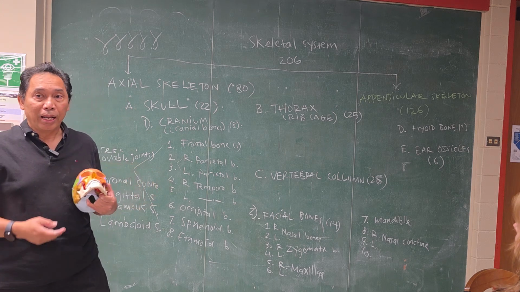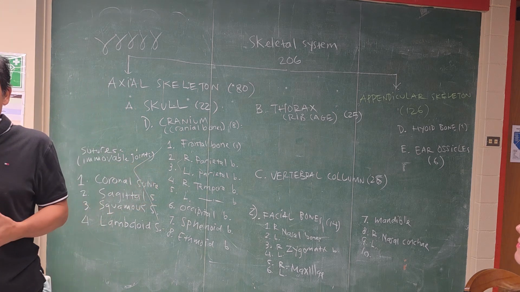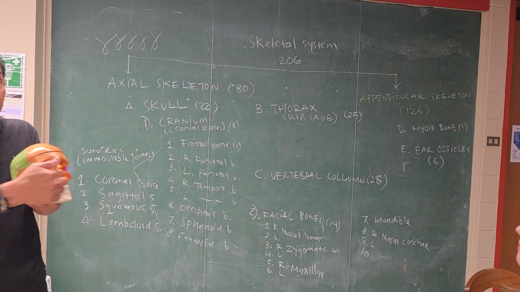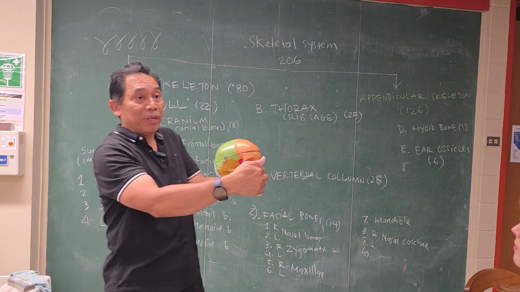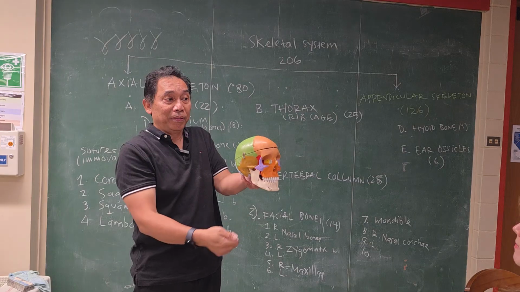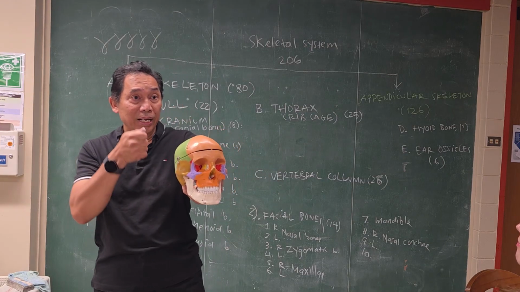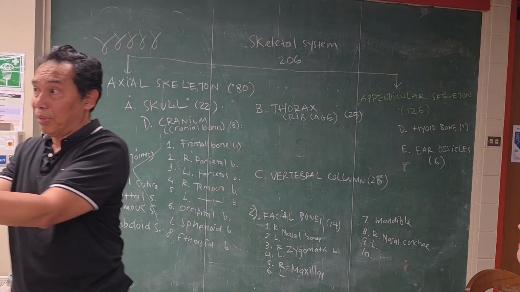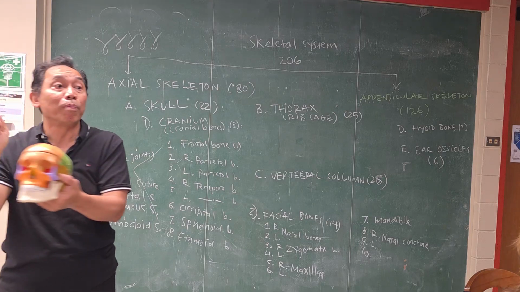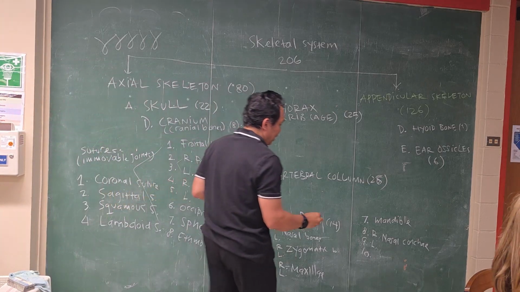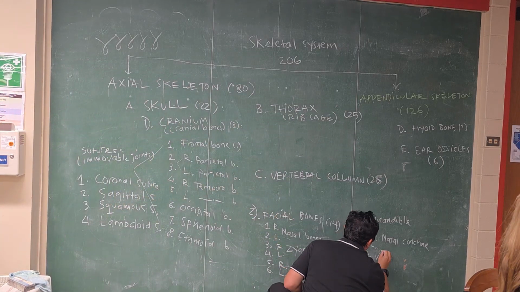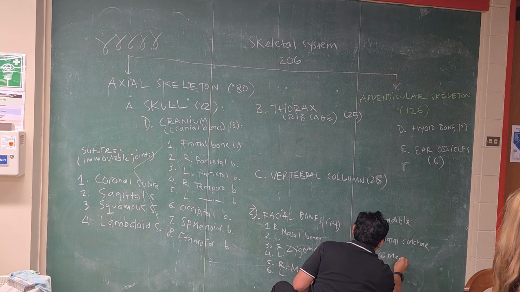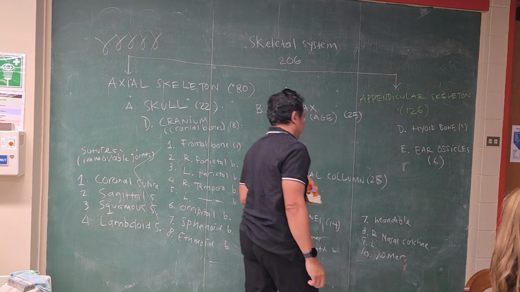Number 10 is in the middle. You see this middle? It actually separates the nasal cavity. It looks like a knife. It's called the vomer. Only one.